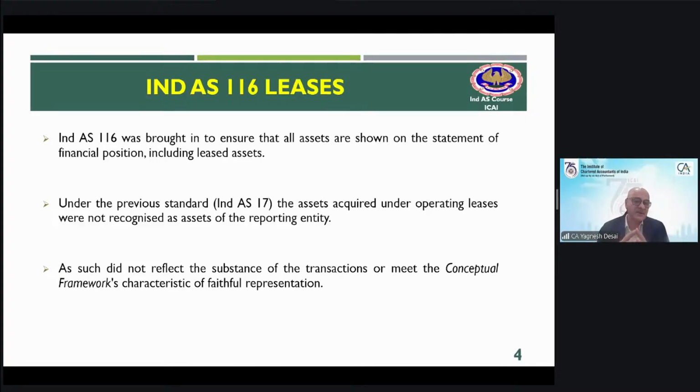What we are interested in are the following questions. What are those conditions which will make a contract qualify as a lease under 116? What are the payments which will be forming part of the lease payments? I'm asking this question because the lease payments are discounted to the present value.